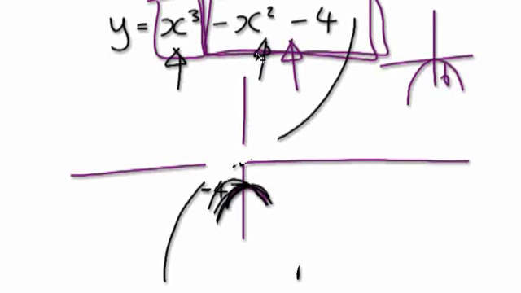It's only valid when it's small. So this thing here, minus x squared minus 4, will look like this. And then when x is big, this term here dominates. So it wants to follow x to the power of 3. Now it's just a matter of joining up the two.